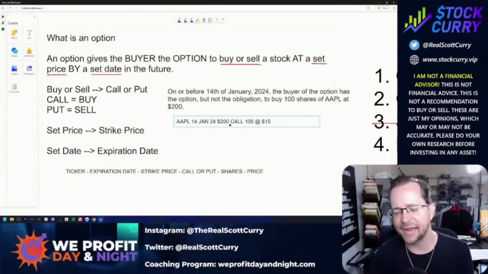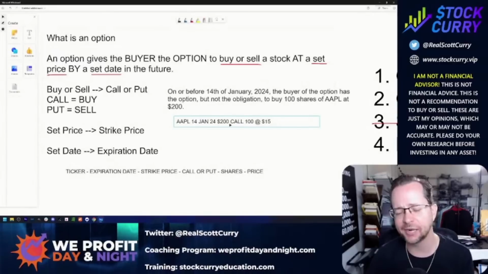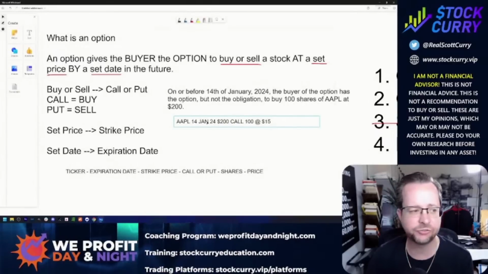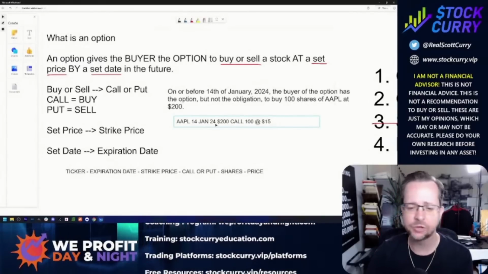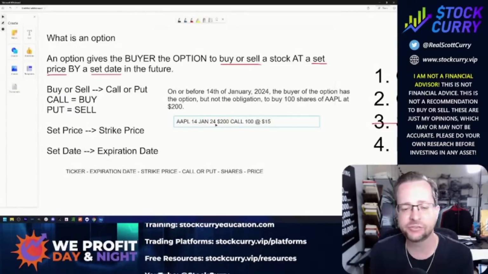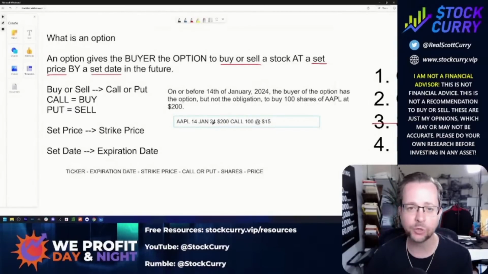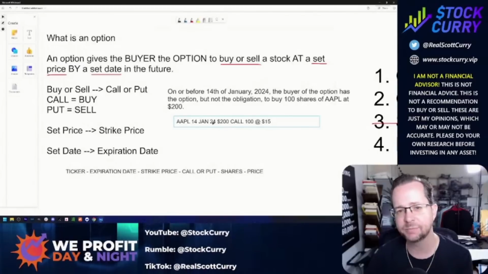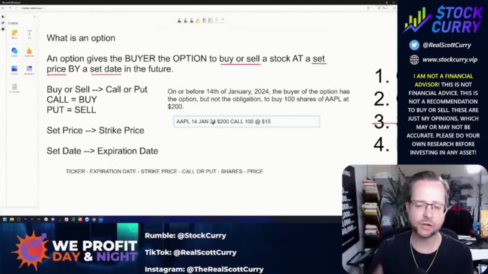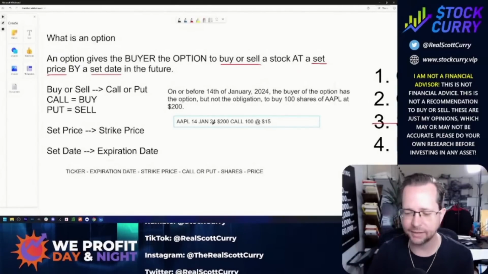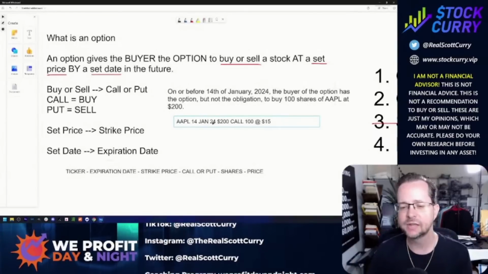But let's say Apple expires at $205 per share and the buyer decides to go ahead and exercise this. What ends up happening is the buyer of this option will go to the seller and say, hey, seller, I want your 100 shares. I bought the option to buy my shares at $200.